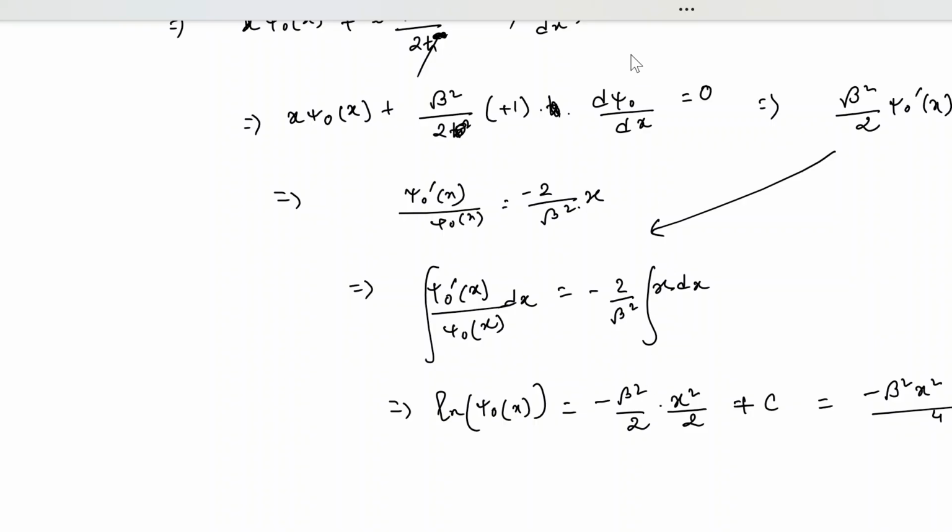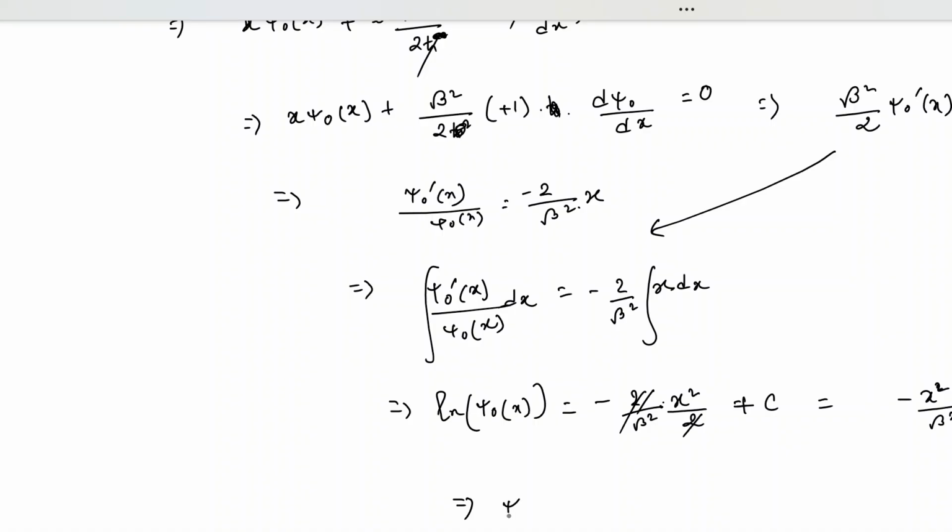When you take an integral on both sides, you have ln psi naught x equal to minus 2 by beta squared into x squared by 2. So this 2 and this 2 cancel out, equal to minus x squared by beta squared plus the integration constant c.